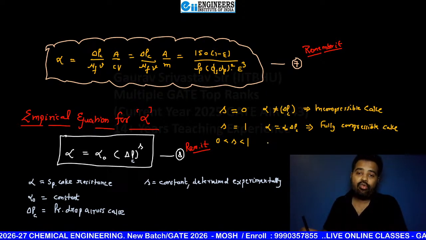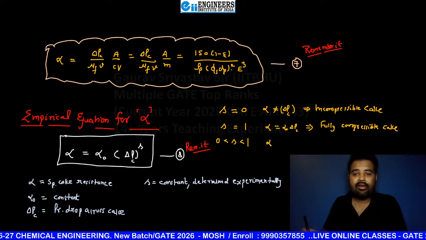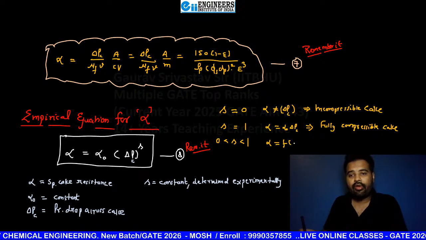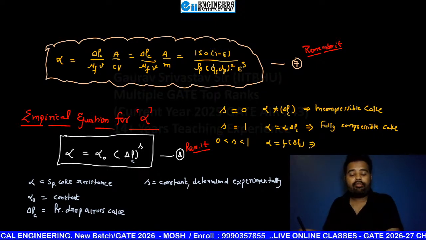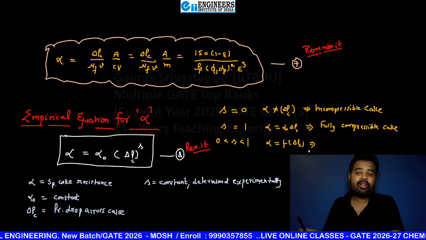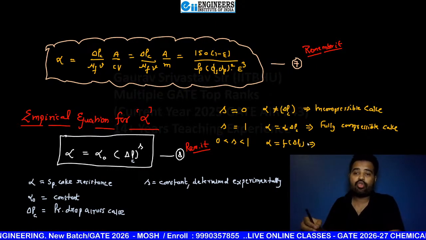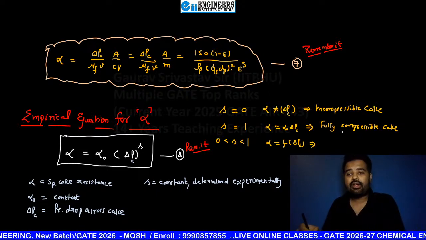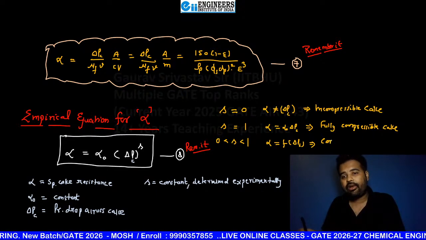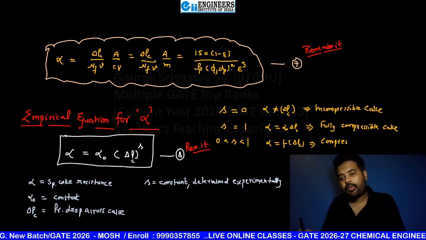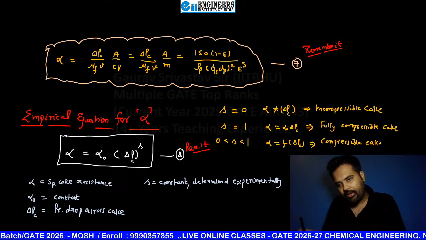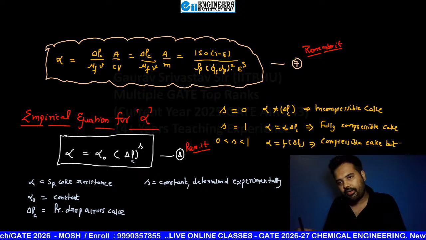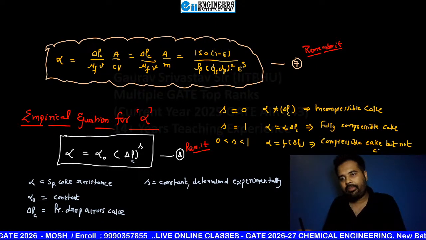And if the value is between these, then again it is a function of delta PC. When s is 1 it is termed fully compressible, but when between 0 and 1 it is termed a compressible cake, but not completely.